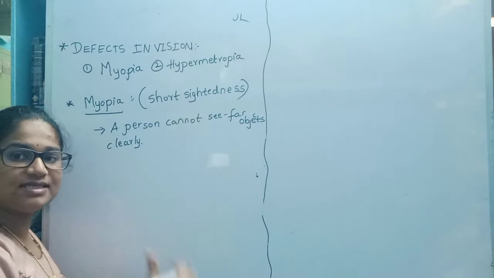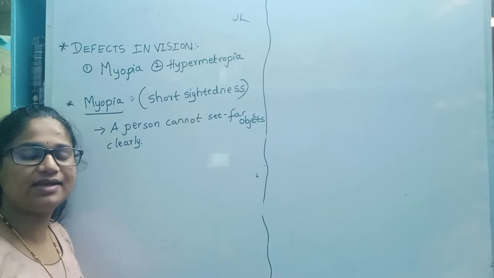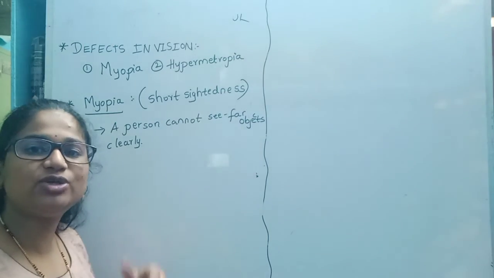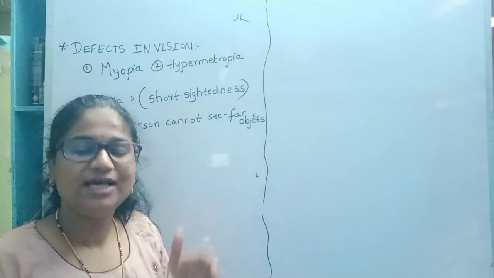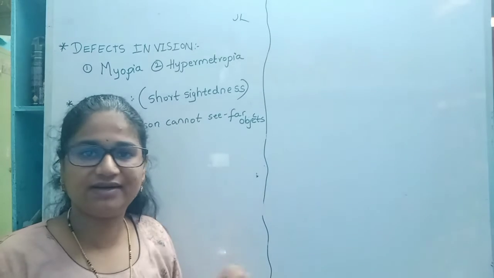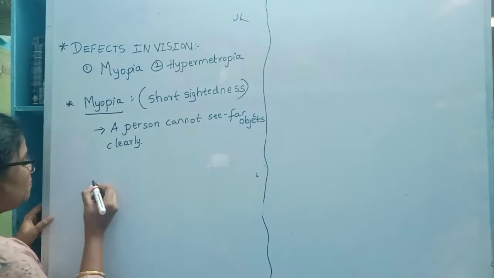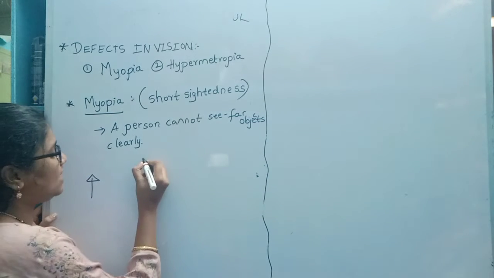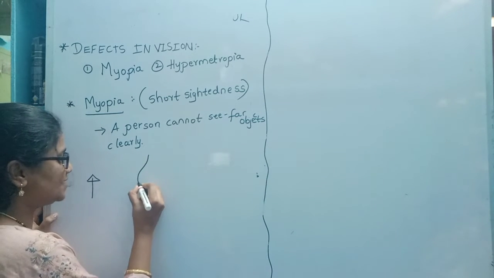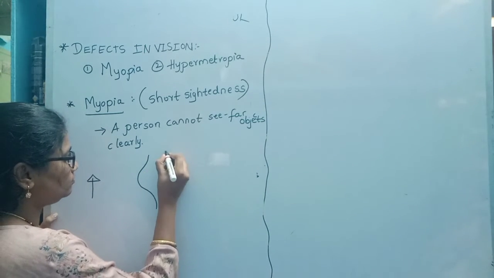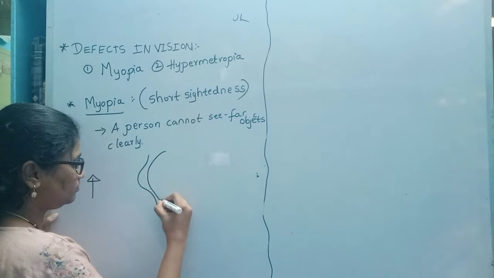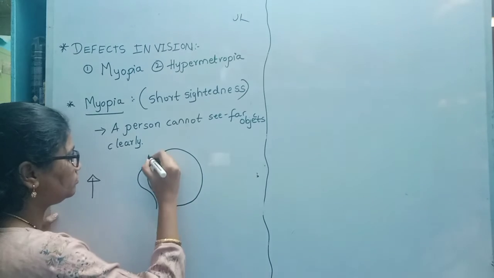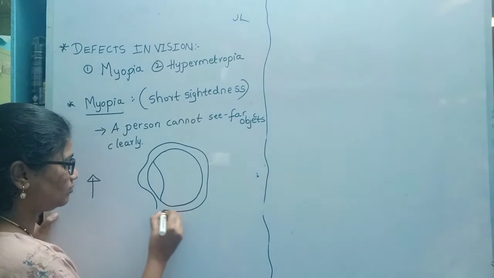In the previous class we discussed the ciliary muscles, which change the curvature of the eye lens so that images are formed on the retina. Let us consider an eye.